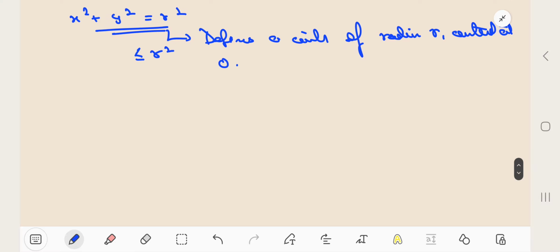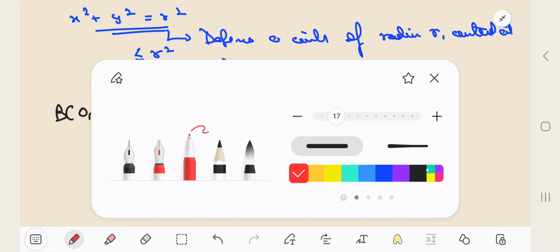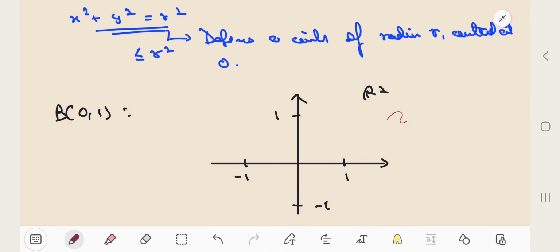So ideally in this case, this B(0, 1) will look like this: suppose I have R2 here, this is the point 1, this is the point 1, this is minus 1, and this is minus 1 as well. So this necessarily defines the unit circle, but not exactly the unit circle. Let it be like this, I guess this will do.